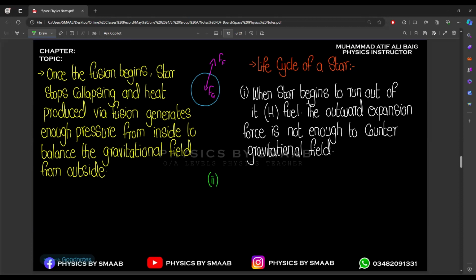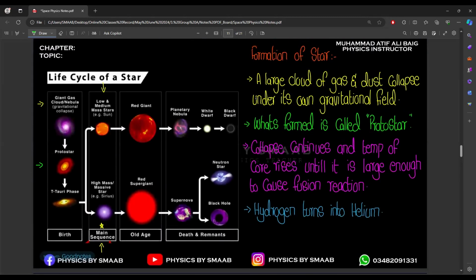So in the second step, the core of the star gets denser. And why is it getting denser? Very simple. We take the reference from the first point, because a large cloud of gas and dust collapses.